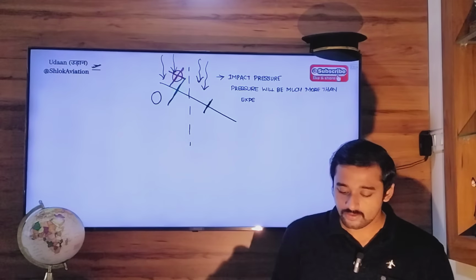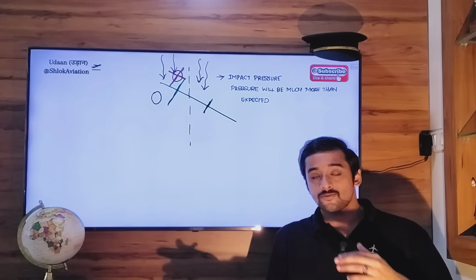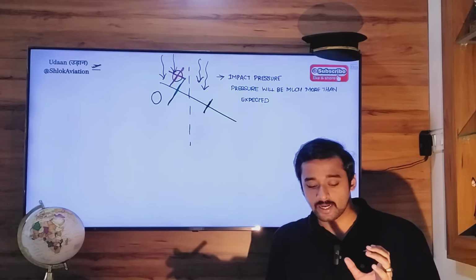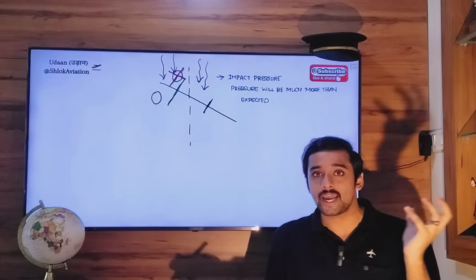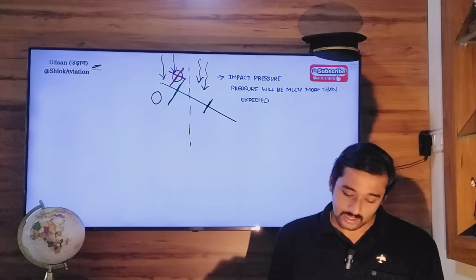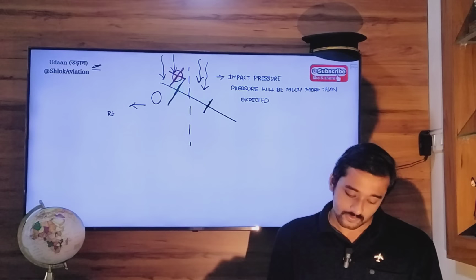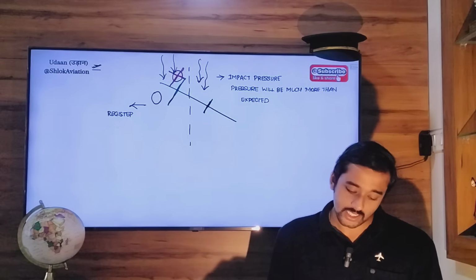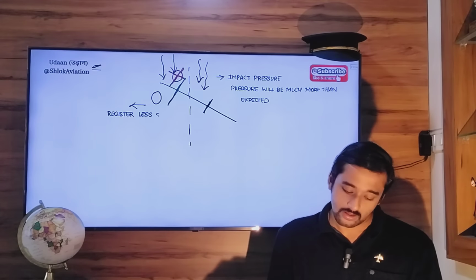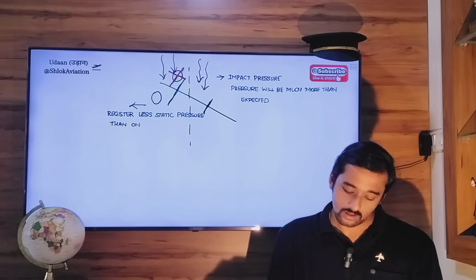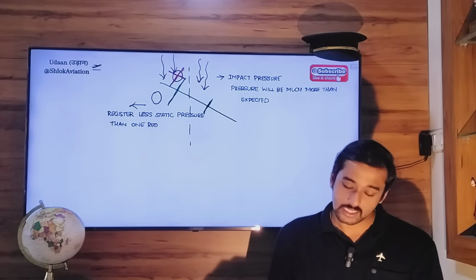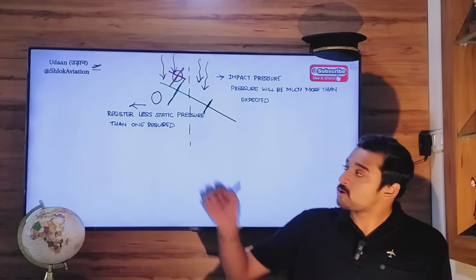On the other hand, the static port which has gotten shielded, which has gotten protected from this incoming airflow, and which has also gotten shielded from the surrounding atmospheric pressure, will register less static pressure than required or expected. So now this port is blocked completely.